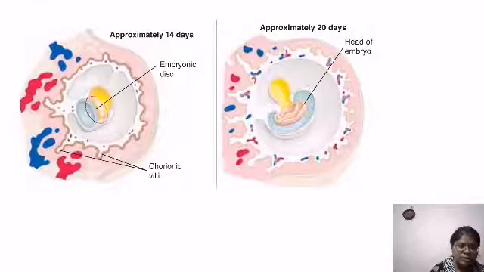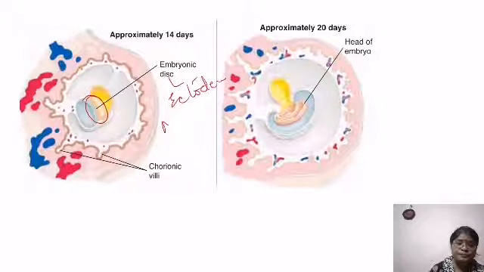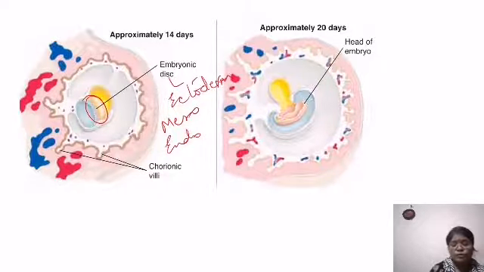Now you can see this is your embryonic disc, which will now give rise to all three layers of cells, that is ectoderm, mesoderm and endoderm. Your ectoderm, as you know, will give rise to your nervous system and skin. Mesoderm will give rise to your muscles. Endoderm will give rise to your gut system.